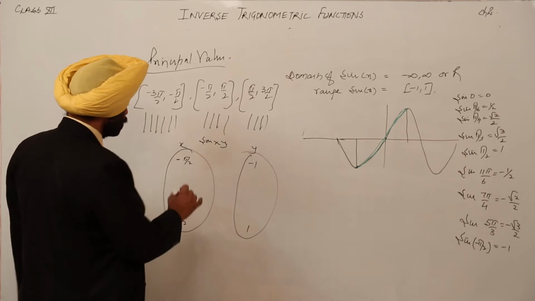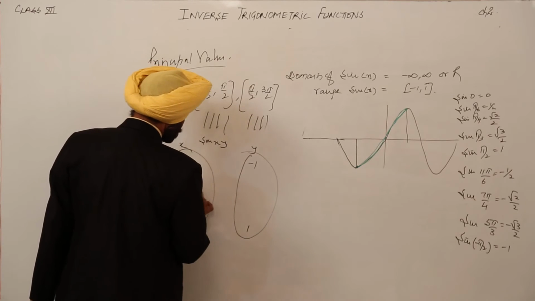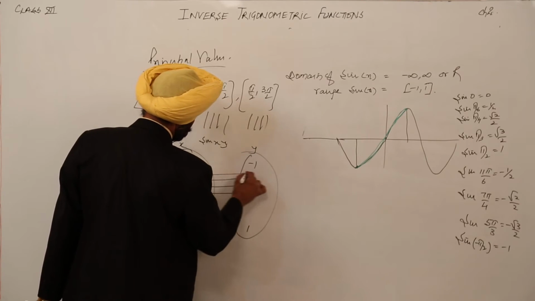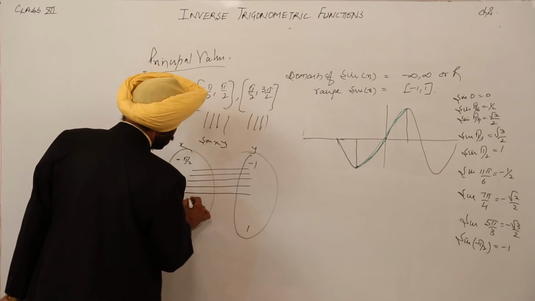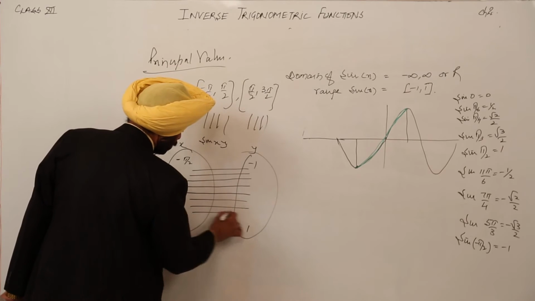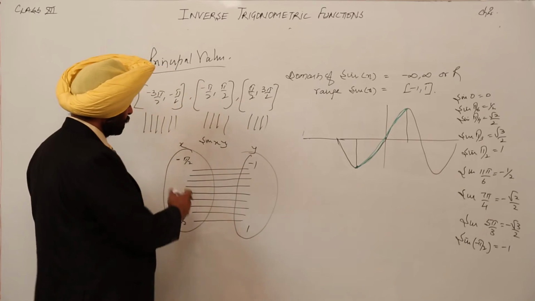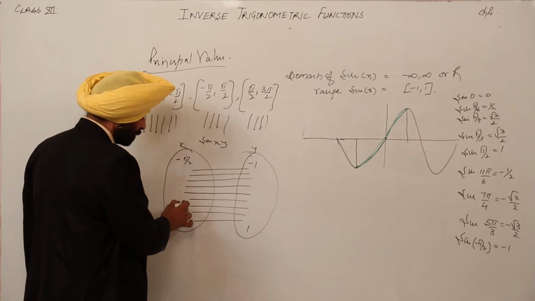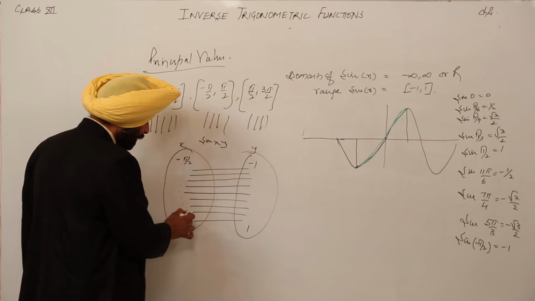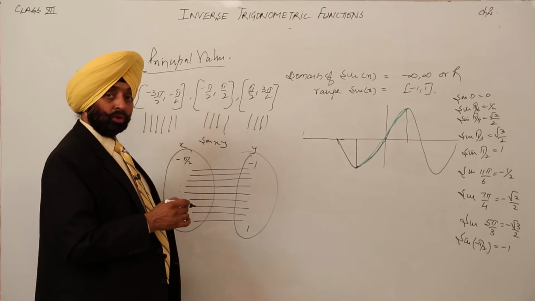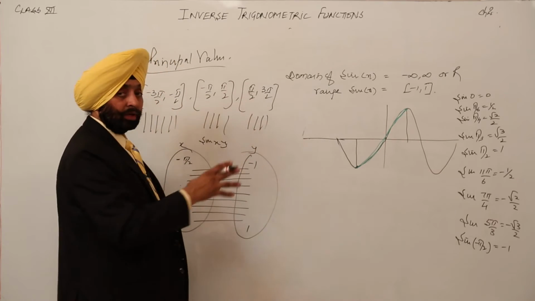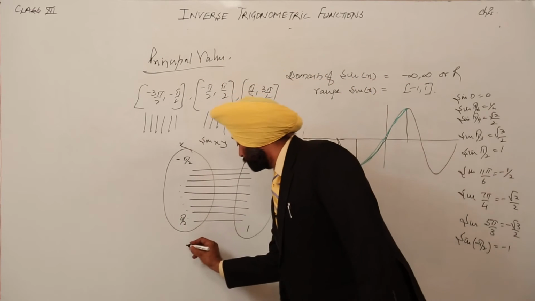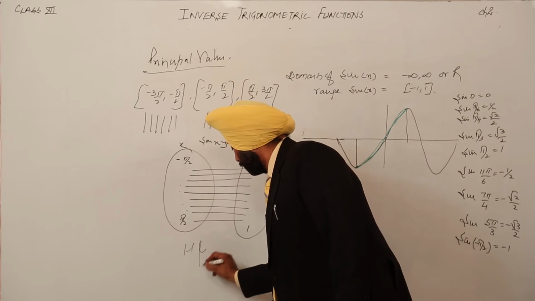So for minus pi by 2, when we start, we will be getting exactly these things. Similarly for this part, go on putting the values: sin x at 0, pi by 6, pi by 4, pi by 3, pi by 2, similarly upwards. Then you will be getting exactly one value. Now what is this? This is 1-1 and onto. Now this becomes 1-1 and onto.